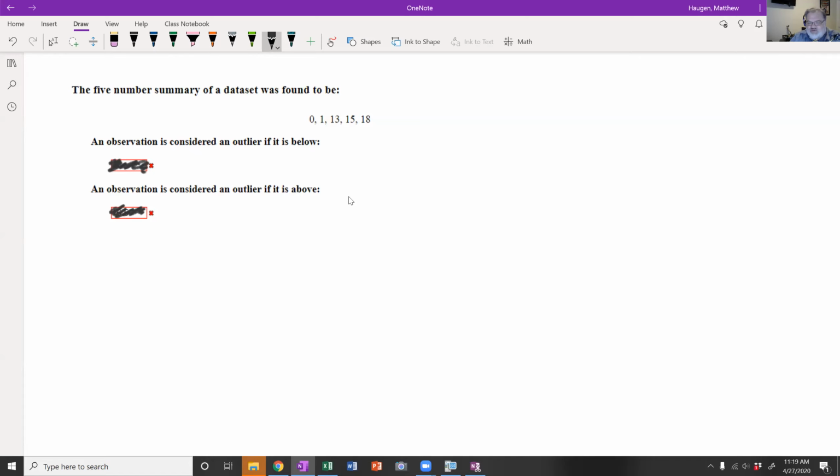This is in some ways giving us a lot less information, but a lot more pointed information. We're given the 5-number summary. So we're told our minimum non-outlier, our maximum non-outlier, and our Q1, Q2, our median, and our Q3.